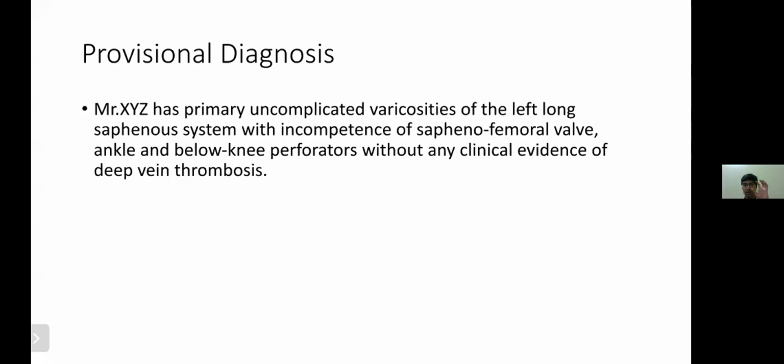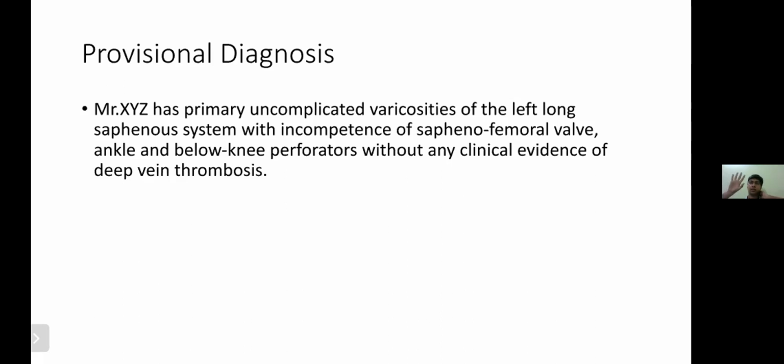Then the second thing: this completes the whole pathology. As I say, pathology, etiology, complications and other things. So pathology is completed by this, secondary to a primary cause or idiopathic in nature, without any evidence of complications or any evidence of ulceration or lipodermatosclerosis, classifying it according to CEAP classification, whatever it is.